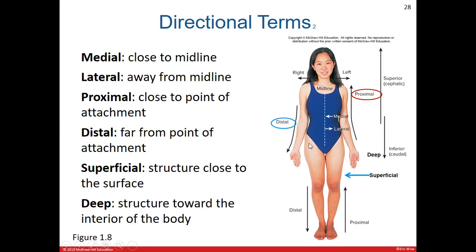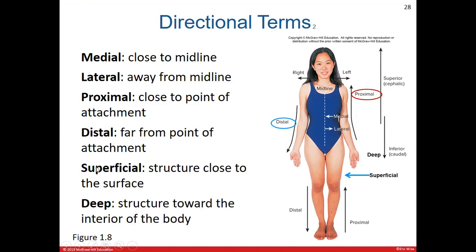Or the hip joint is proximal to the knee because the hip is closer to the point of attachment than the knee is. The hip would be proximal to the ankle, and the ankle would be distal to the hip. You can use those terms to describe locations in the arms and the legs.